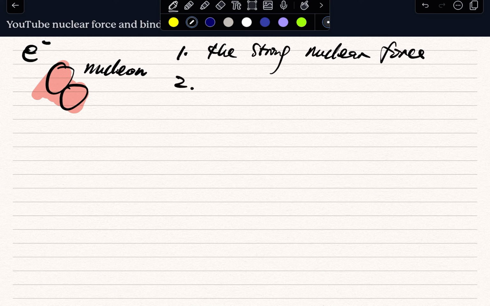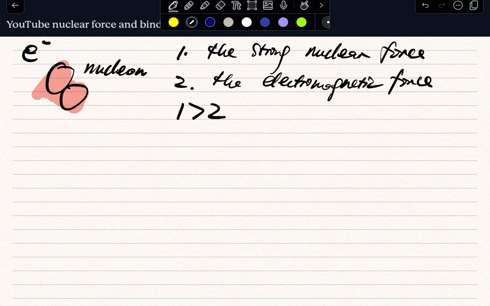And the second is a force I bet you know better: the electromagnetic force. The electromagnetic force is due to the electrostatic repulsion between the positively charged protons in the nucleus. And as we know, if the atom exists in a stable state, then force 1 must be larger than force 2.